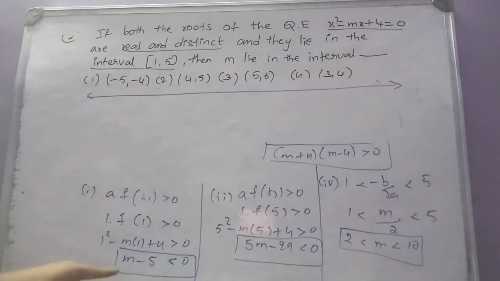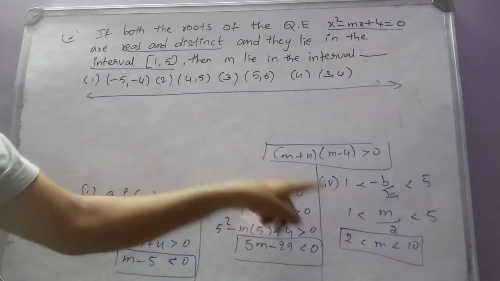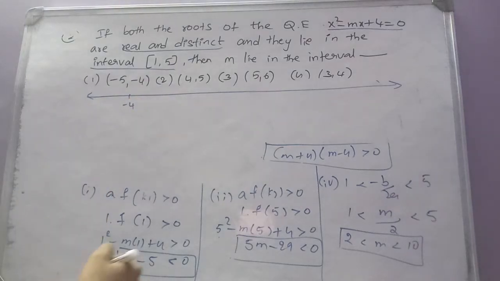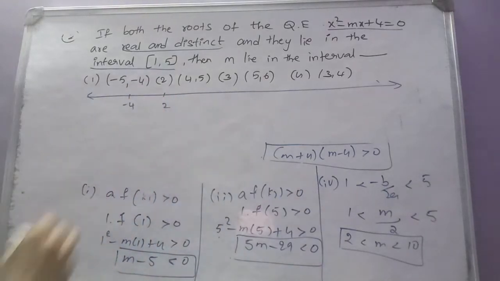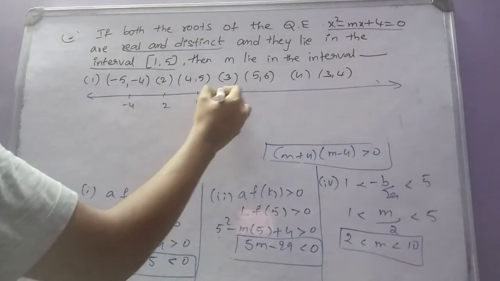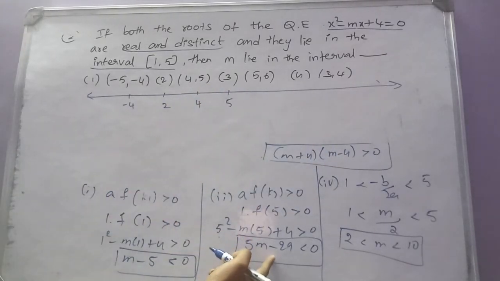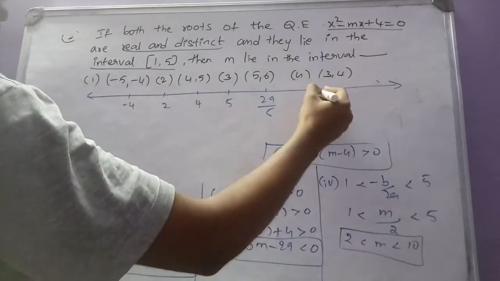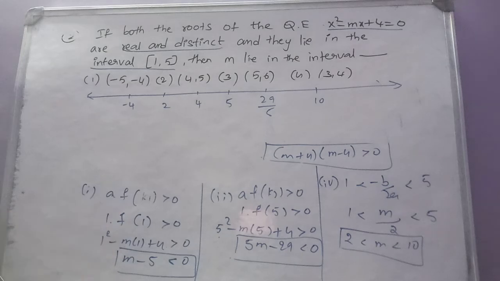Take all the zeros from all the polynomials. Among these, the least zero is minus 4. And after that, 2. And after that, 4. And then 5. And after that, the zero of this polynomial, 29 by 5. And finally, 10. So all the zeros are located first of all.